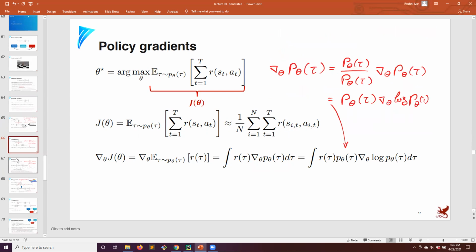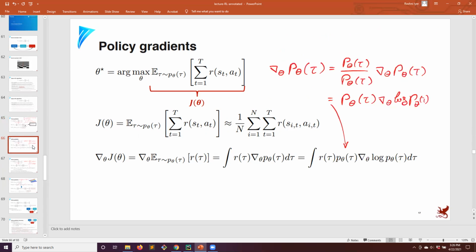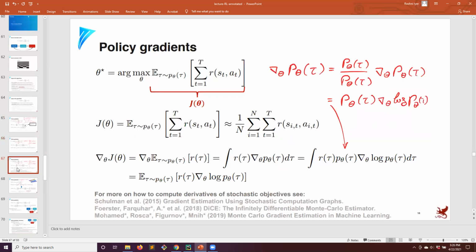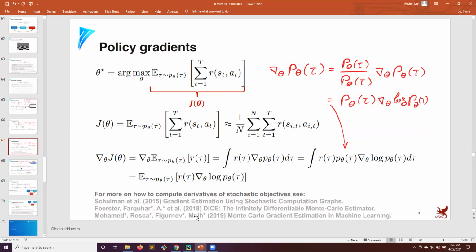And then, since we are at this part here, we can apply this log trick. So when we have this term here, we can rewrite it as this. That's how we get this expression here. Okay, this is just some more information if you want to know how this is being done.